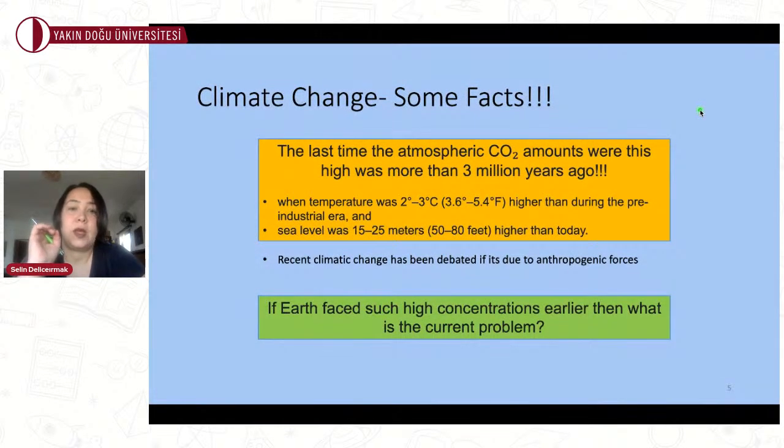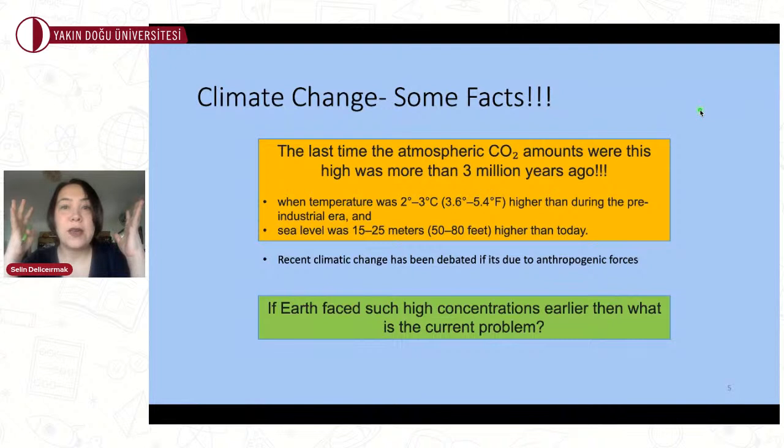The last time atmospheric carbon dioxide concentrations were this high was more than 3 million years ago. It corresponds to a time when temperature was 2 to 3 degrees higher, and the sea level was 15 to 25 meters higher than today. Recently, it has been debated whether this climate change is due to anthropogenic forces, meaning the carbon dioxide emissions that humans cause, or due to natural fluctuations in the climate system.